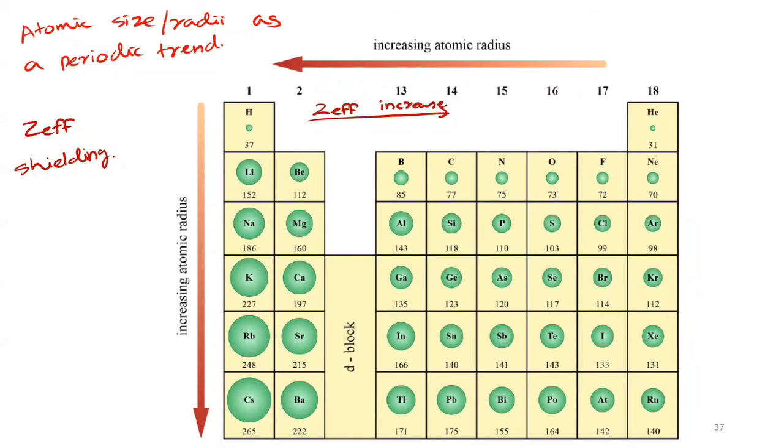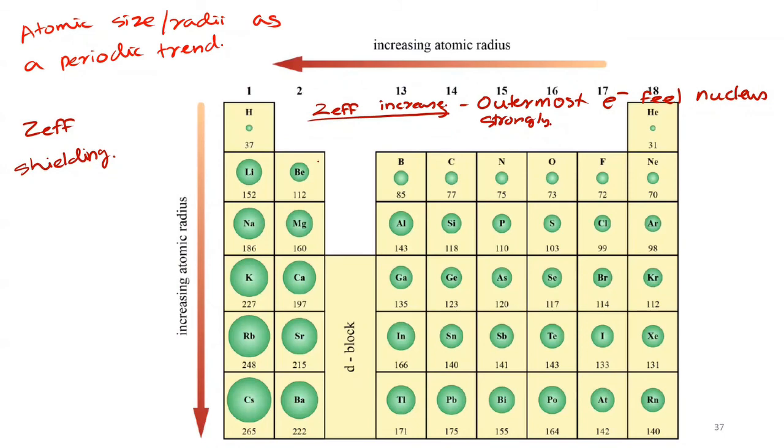What it means is that outermost electrons feel the nucleus more strongly. It's like the nucleus is sucking in the outermost electrons.